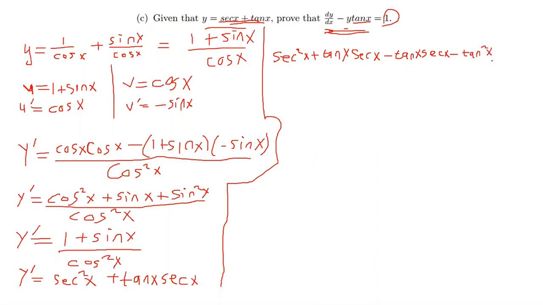So now let's see whether this is going to give us a 1. As we can see already, this and that are cancelling. We're just remaining with sec squared x minus tan squared x.